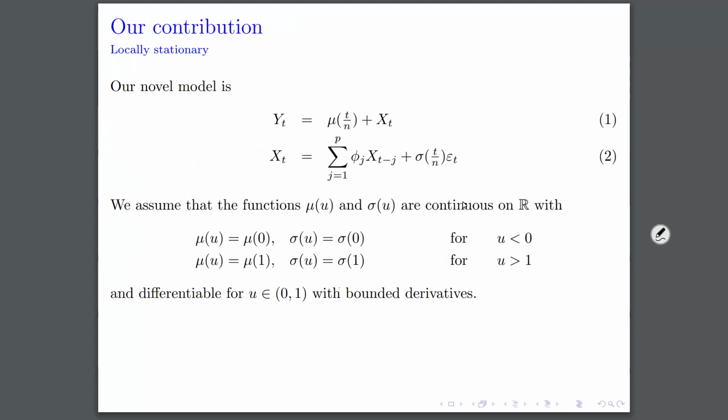But if you are dealing with real world data, you will notice that it's quite a demanding condition, because most real world data will have non-stationary behavior or time varying parameters in the model. So our main goal in this project is to handle this kind of time varying parameters with a statistical model.